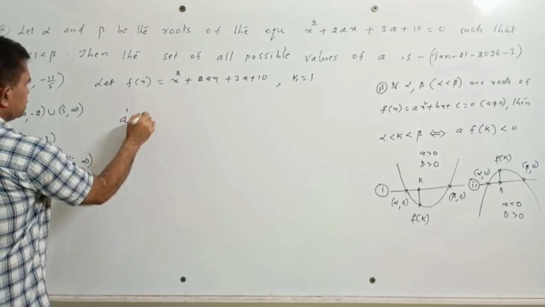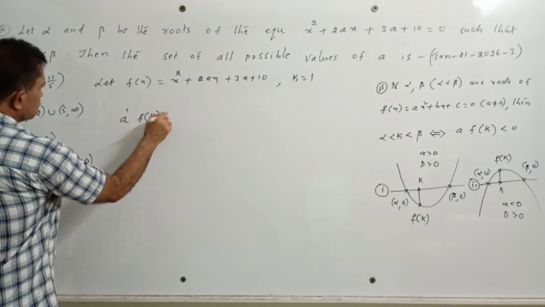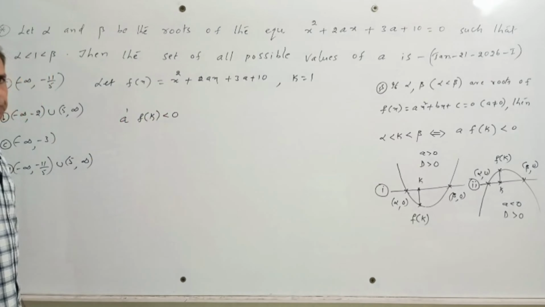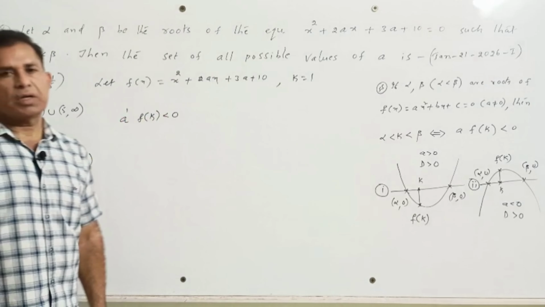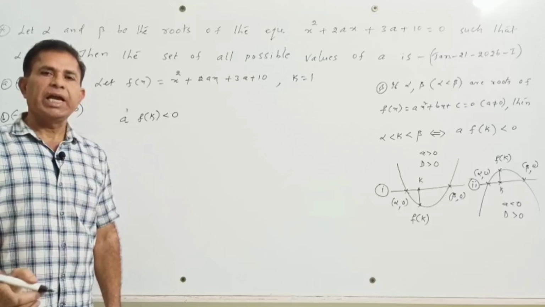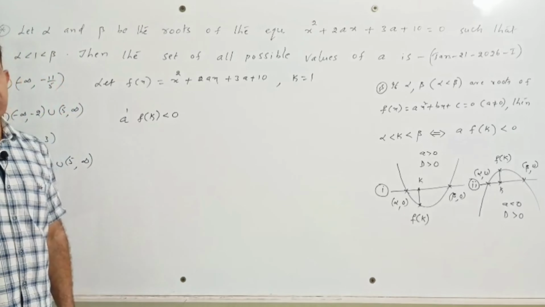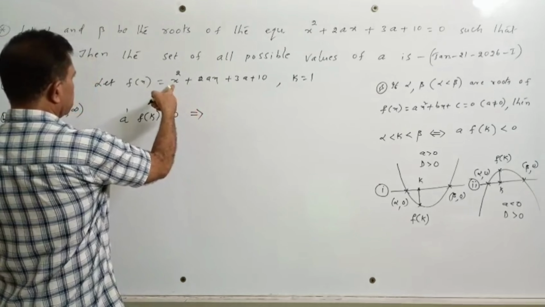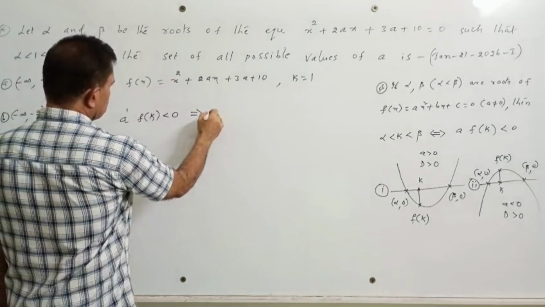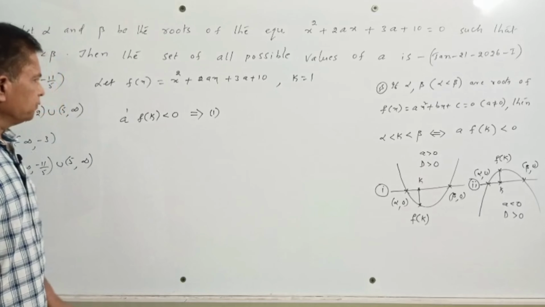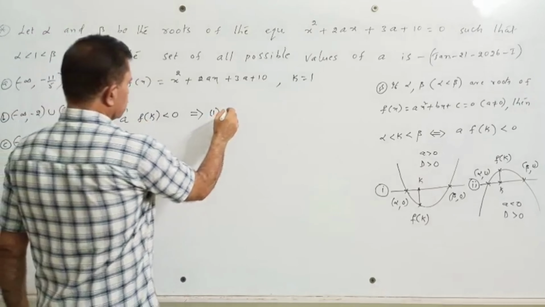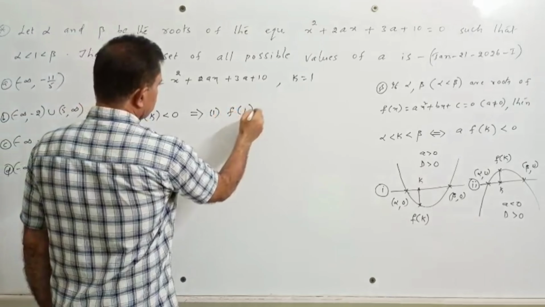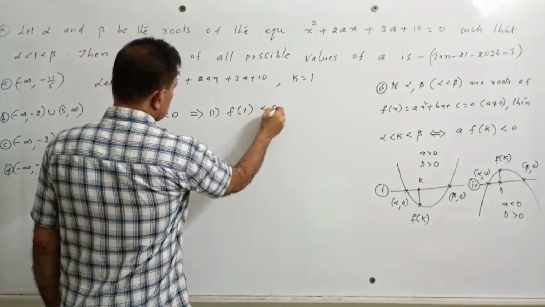So a dash into f of k must be less than 0. That is the condition for k to lie in between the roots of the quadratic equation. Here a dash, the coefficient of x square, is 1. In place of k we write 1. So 1 into f of 1 must be less than 0.